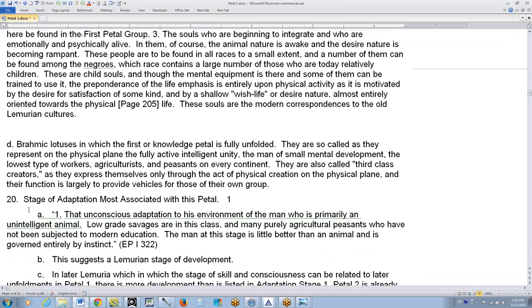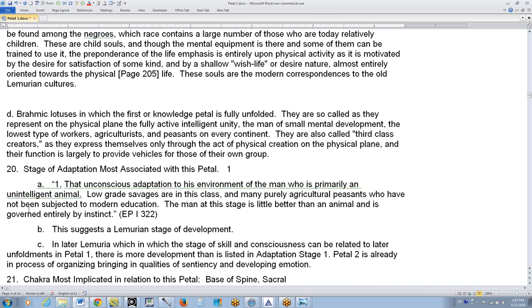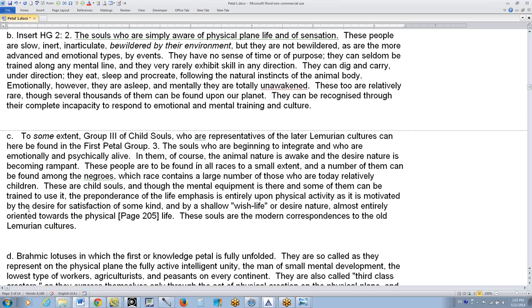Right. So, bringing together some of these things, there's a wide range. It takes a long time to work in this petal, and a long time, presumably, for it to unfold.